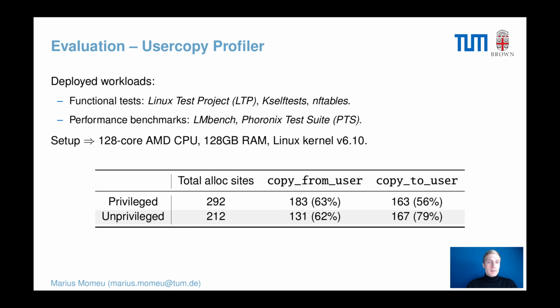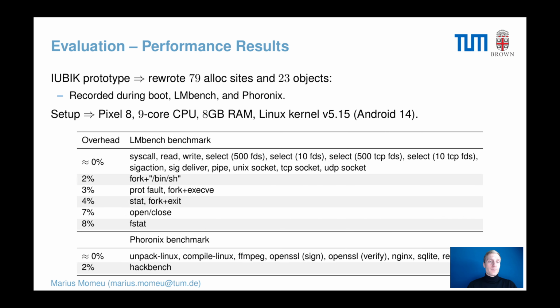We've generated a dataset for the User Copy Profiler by deploying a diverse suite of user space workloads, which includes both functional tests as well as performance benchmarks. And we've executed each workload twice, once as a privileged and once as an unprivileged user. Our results revealed 292 privileged and 212 unprivileged kmalloc sites that allocate user-controlled objects in Linux. Check out our paper to see other interesting findings and statistics regarding this experiment.